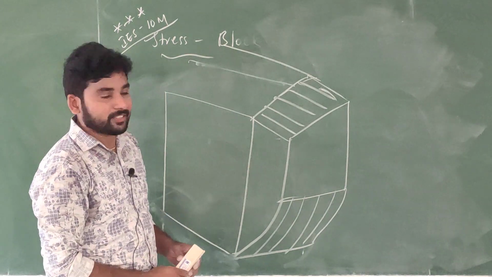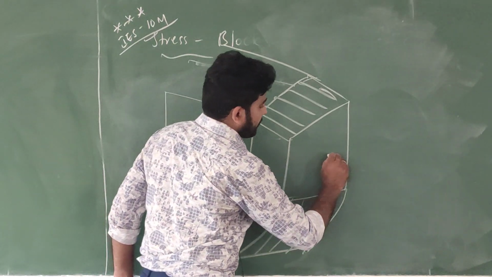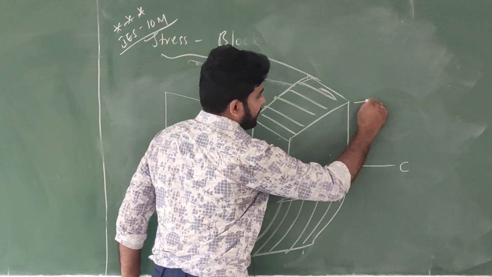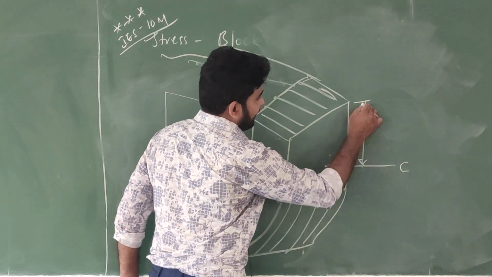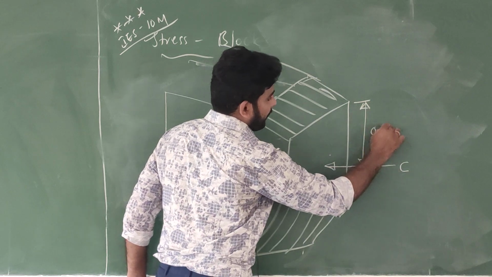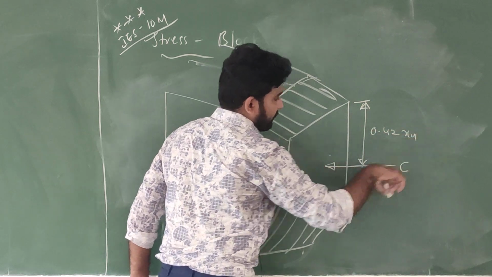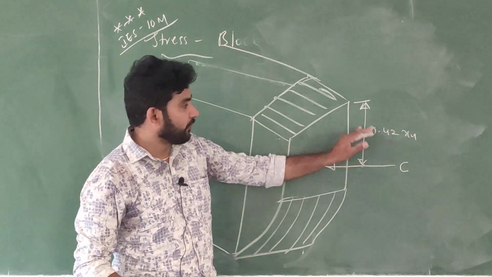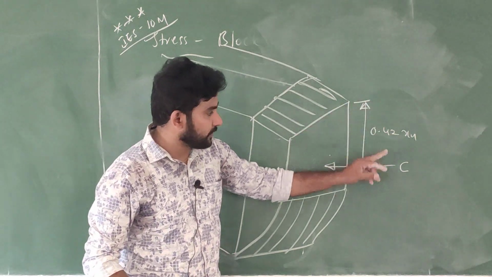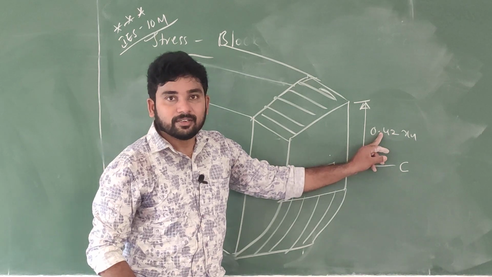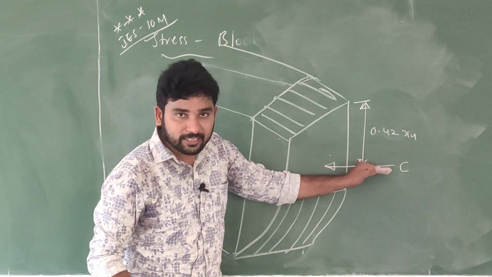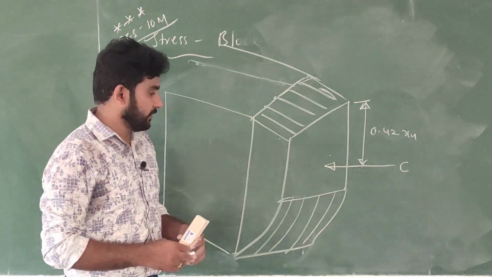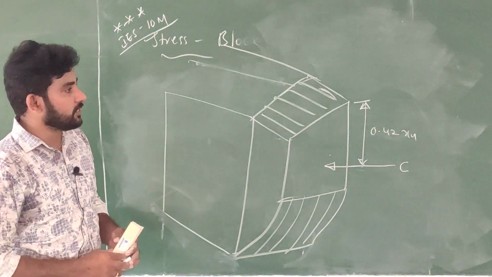This is the stress block, which means our resultant compressive force is acting at a depth of 0.42 xu from the outermost compressive fiber. This resultant force is acting at this much depth. So the compressive force is over.